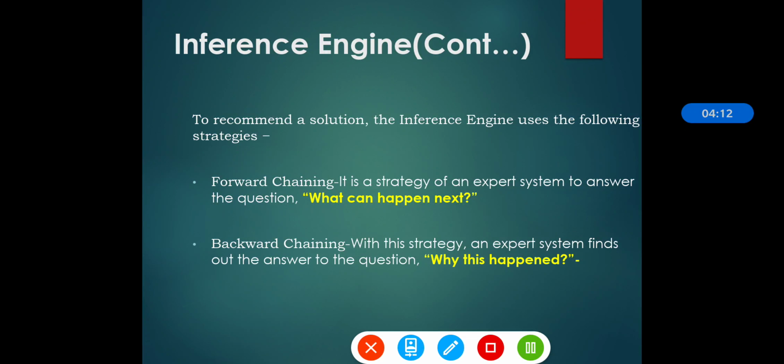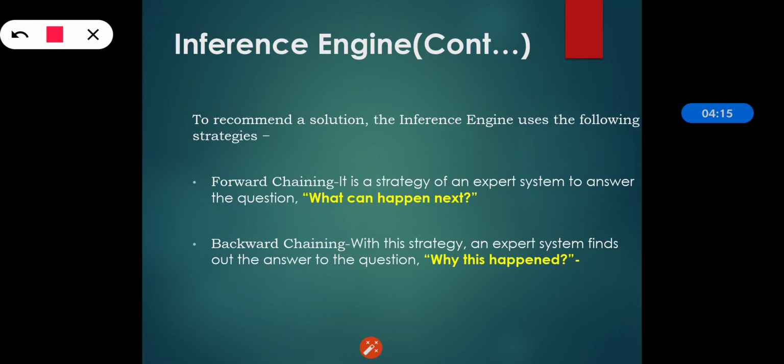The inference engine actually uses two strategies, forward chaining and backward chaining. So what is forward chaining? In short, it is the strategy of the expert system to answer the question of what can happen next. The inference engine follows a chain of conditions which gives the outcome of what the next prediction will be.